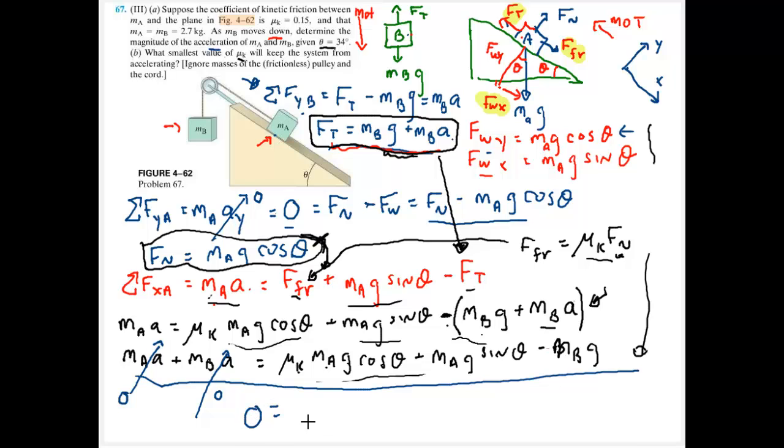So now I say 0 must be equal to mu sub k, all this stuff right there, and now I simply just have to go ahead and solve for mu sub k. I know what all those angles are, I know what all those masses are, and at the end of the day I'm going to come up with mu sub k is equal to 0.53.